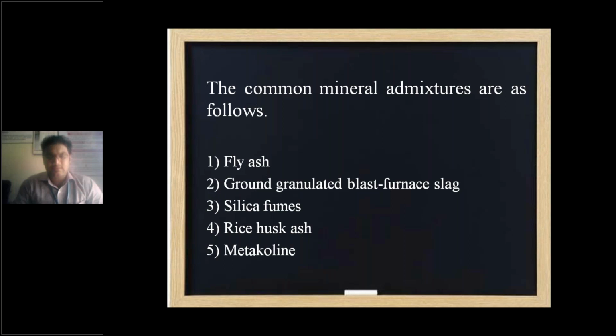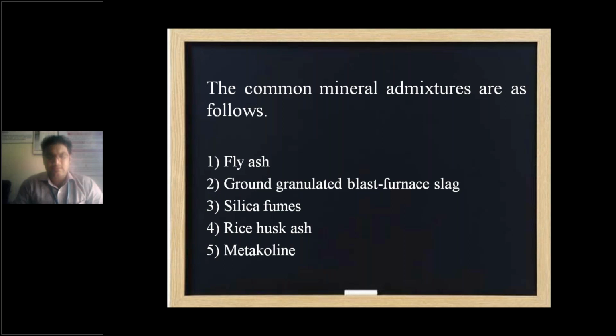To reduce the cost, you have to reduce the cement content. How? You have to go with alternatives to cement. In that way you can replace the cement with some kind of mineral admixtures. That is what happens: adding mineral admixtures into concrete to achieve high strength without increasing the cost. Understand?